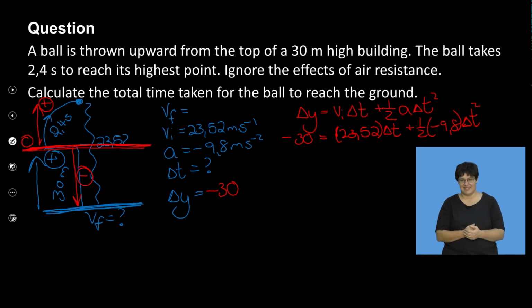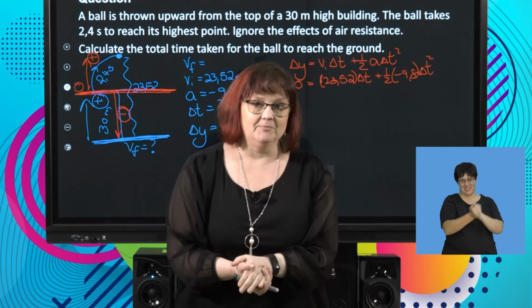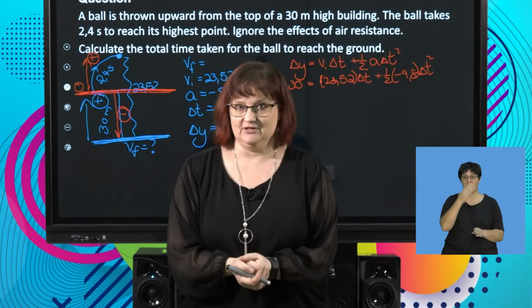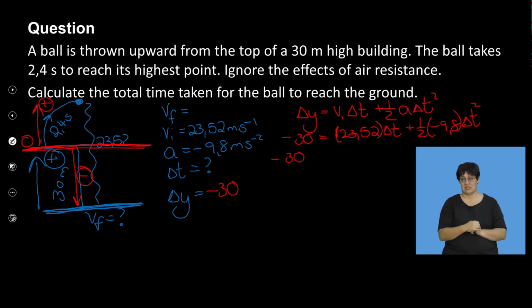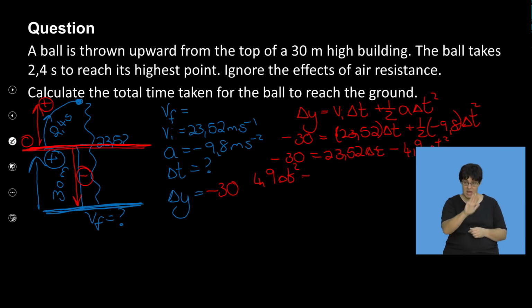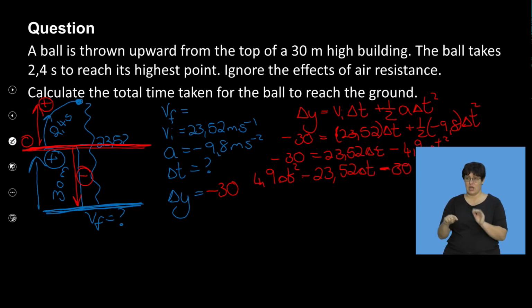No, it's not. This is remembering some stuff from maths. You're now going to have to use the quadratic function equation, okay? So we've got minus 30. This is 23,52 times delta T minus 4,9 times delta T squared. If I manipulate this, I'm going to get 4,9 delta T squared minus 23,52 times delta T minus 30 equals 0.